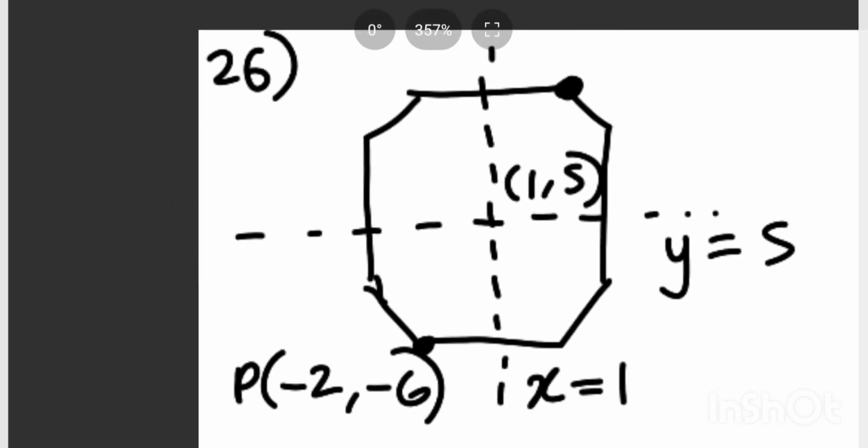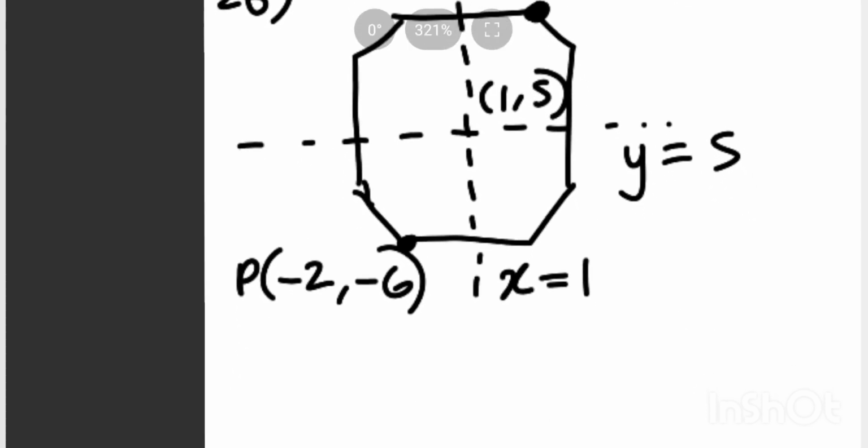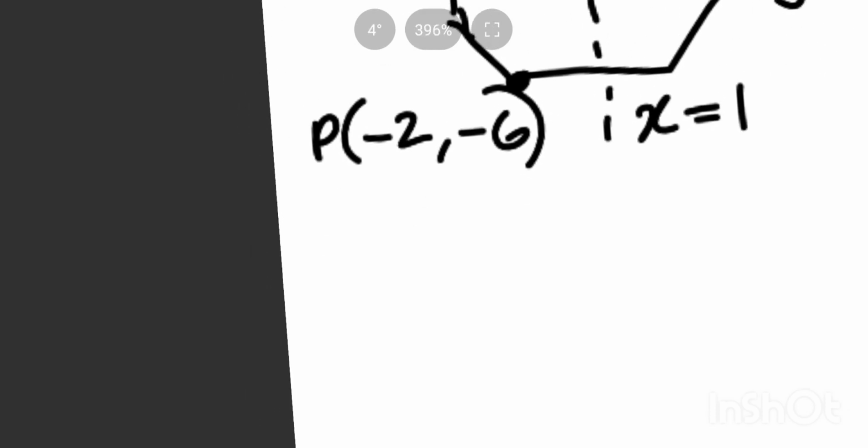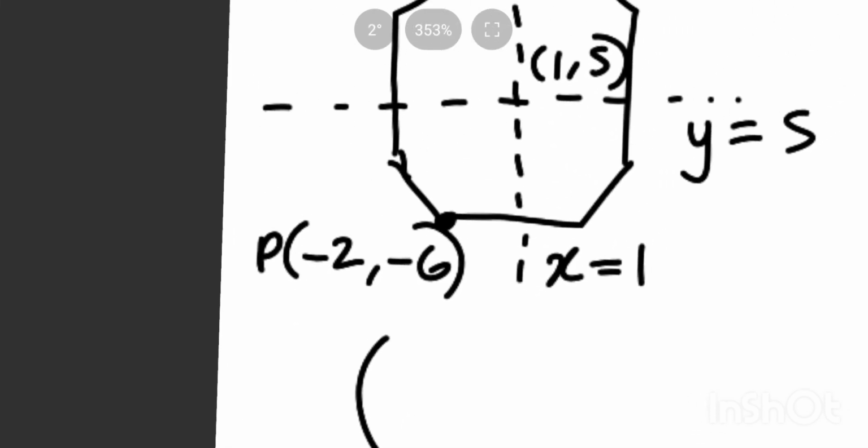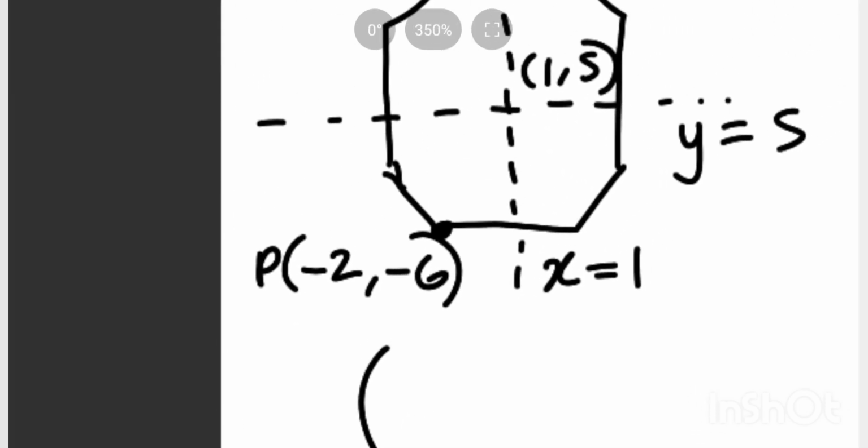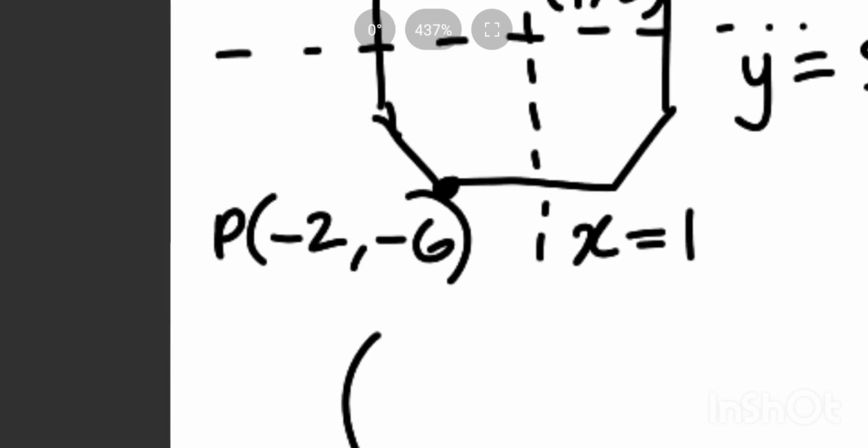So if we can work out the vector that moves the point P to the center, then we can repeat that process from the center to point Q, and that would give us the answer. So from -2 to 1, that would be 3 to the left.